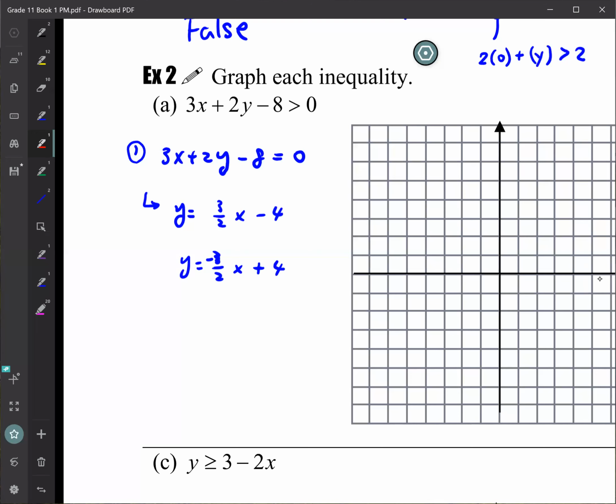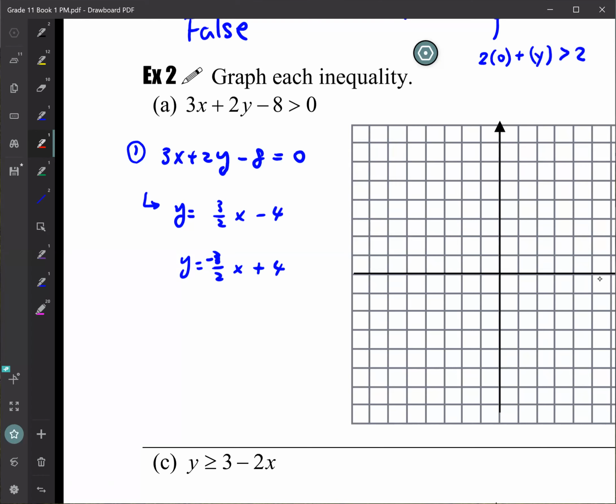Kevin, are you there? Yeah. Okay. How did you do it? Can you tell me your steps? I moved the 2y over. Oh, you moved the 2y over? Okay, so if I move, let me erase it first.